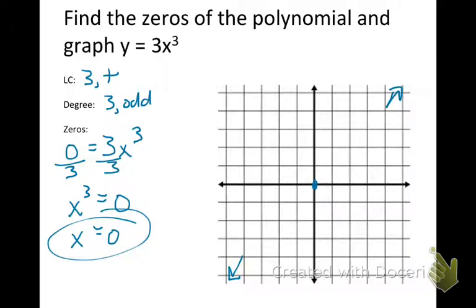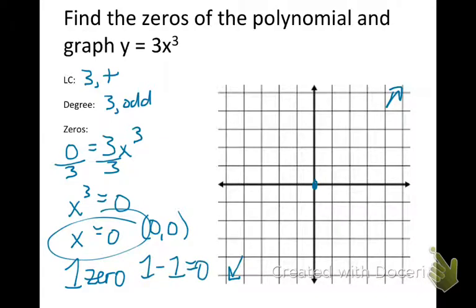So that means the turning points, since it only has 1 zero, which is the point (0, 0), or it only has 1 x-intercept, to find the turning points, we do 1 minus 1. So it is not going to have any turning points. It's going to do something like this. It's just going to do a little jog in the middle.